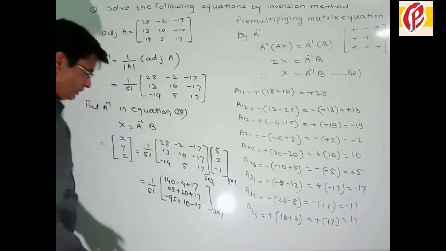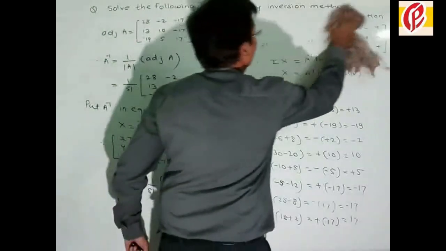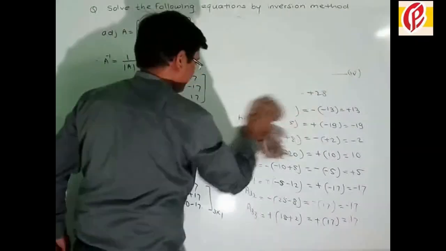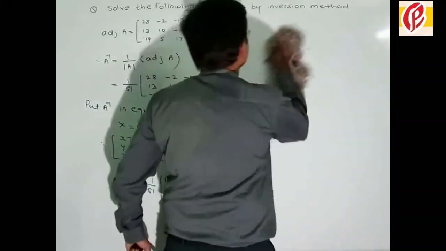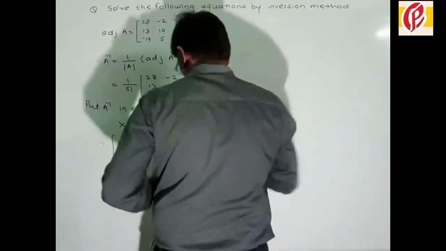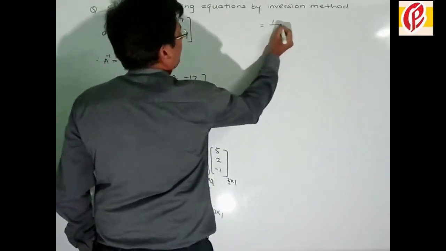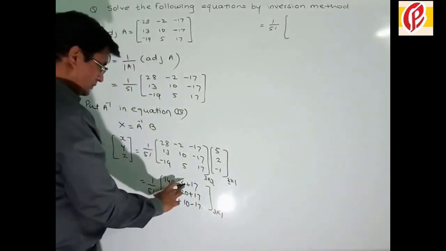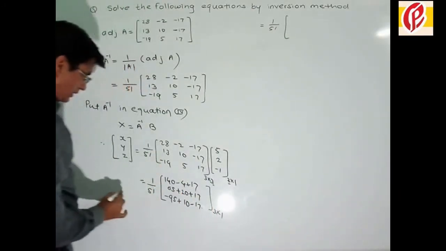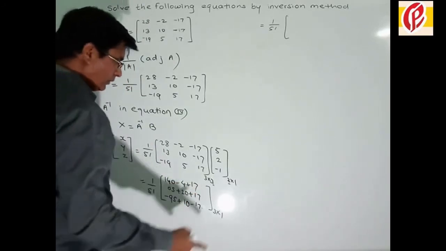So X is equal to 1 upon 51. So 140 minus 4, that is 136, and 136 plus 17, 153.